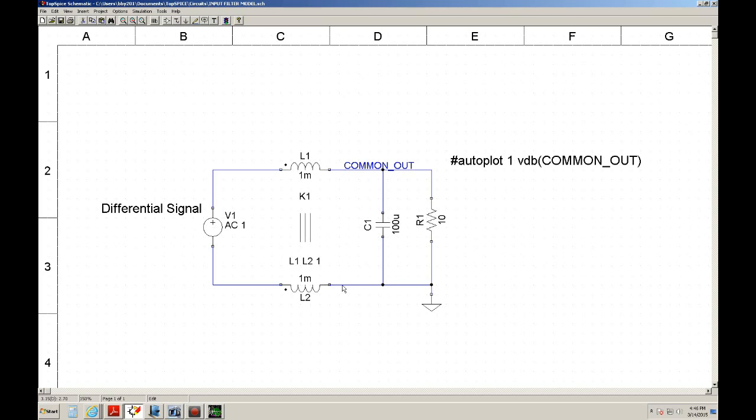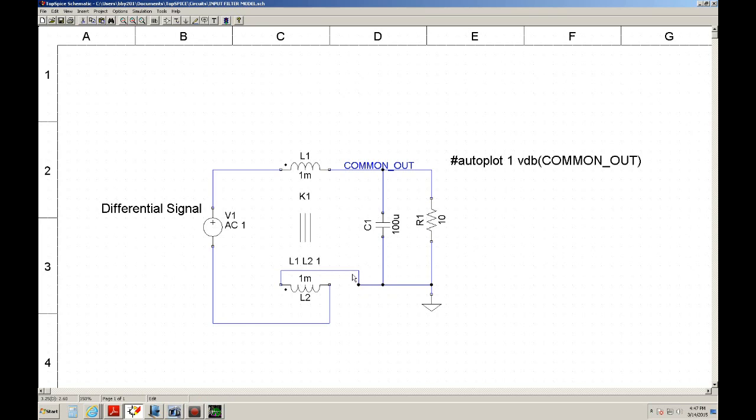Okay, so now let's try something else. Let's change these two connections. Let's reverse them, and connect this to this other side.